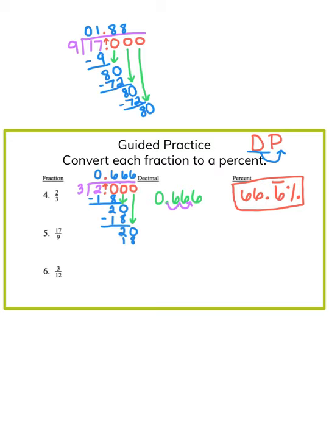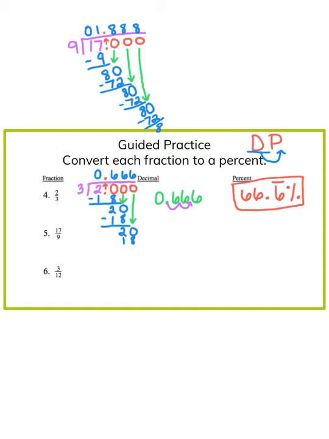Again, 9 can go into 80 8 times. Notice how I'm going 3 digits out from the decimal point because I know I have a repeating decimal. So 9 times 8 is 72, and I'd have a remainder of 8.